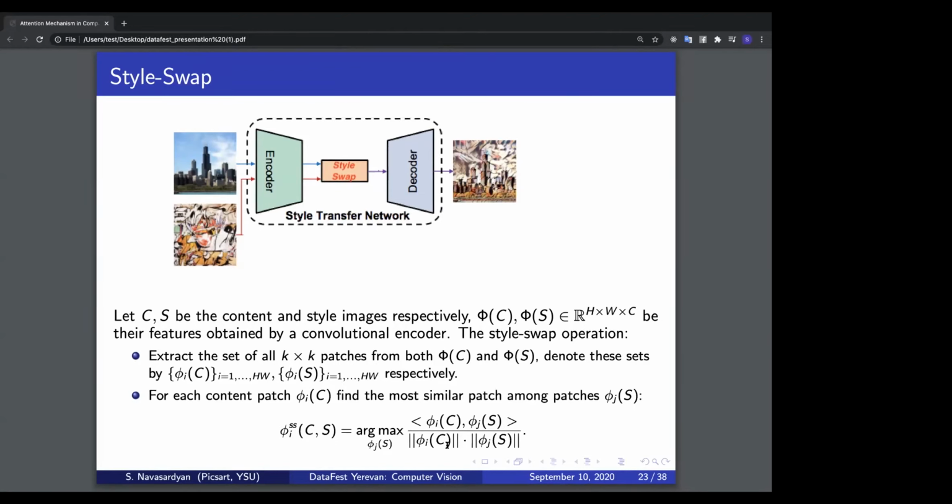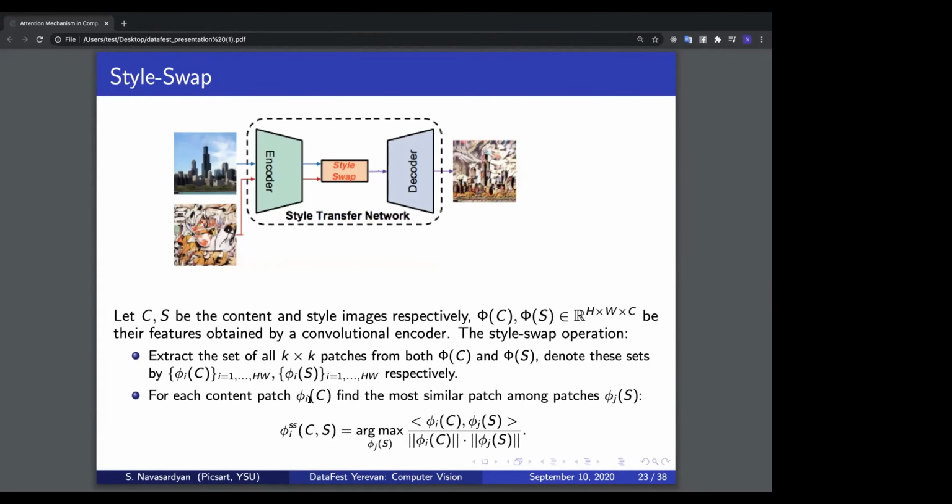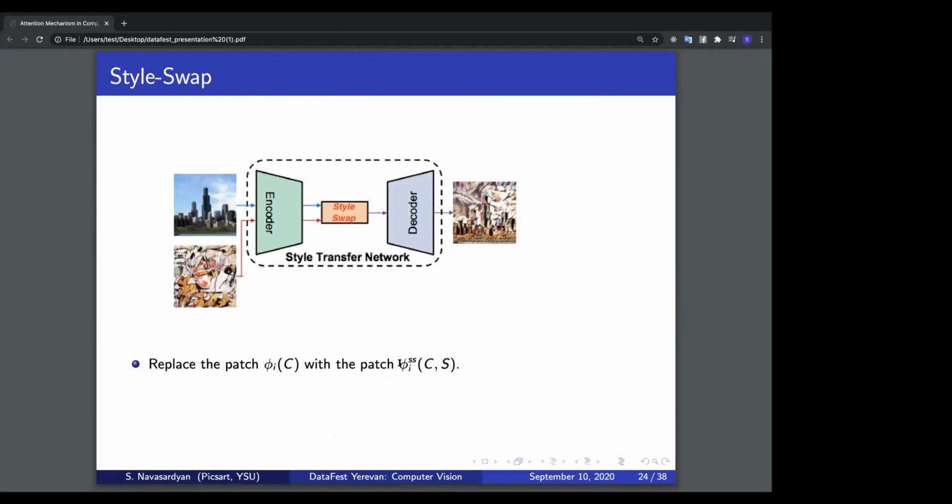After finding the best matching patch, we simply replace the source patch phi C with the best matching patch from the style tensor. Of course, in case of replacing patches, we will get some patch overlap and aggregate these overlapping parts by averaging.